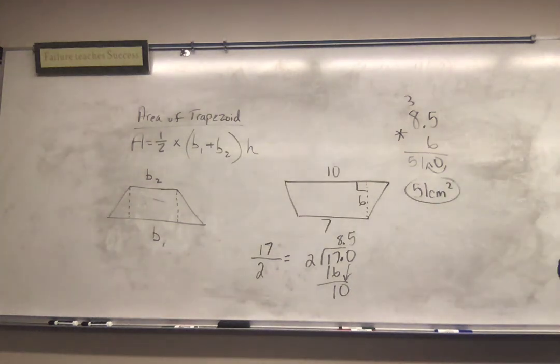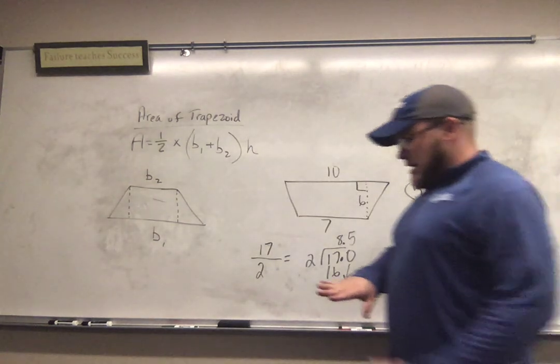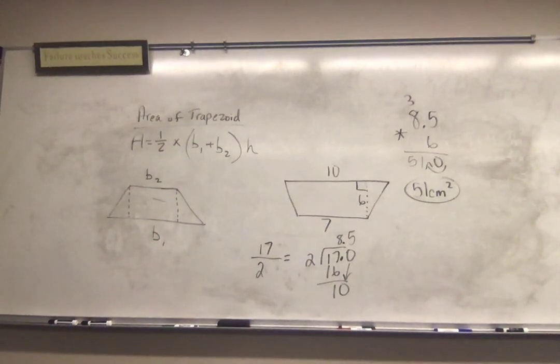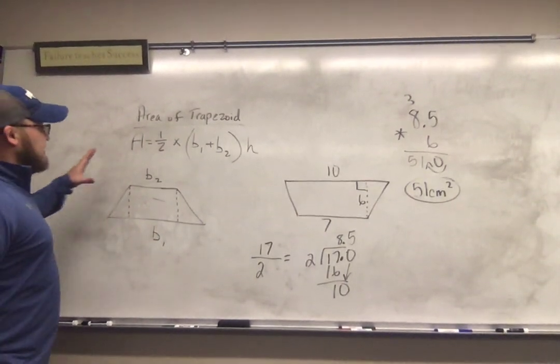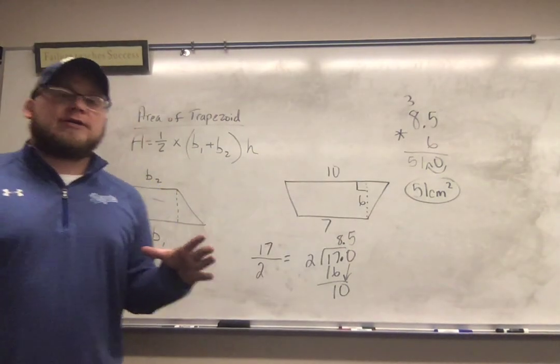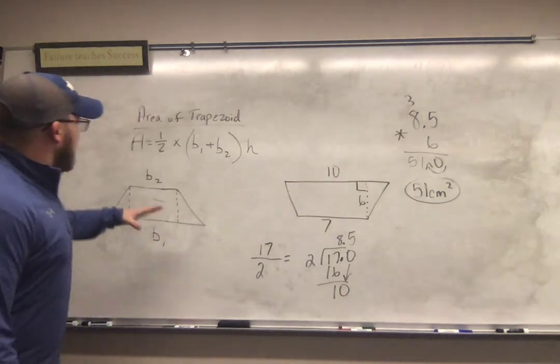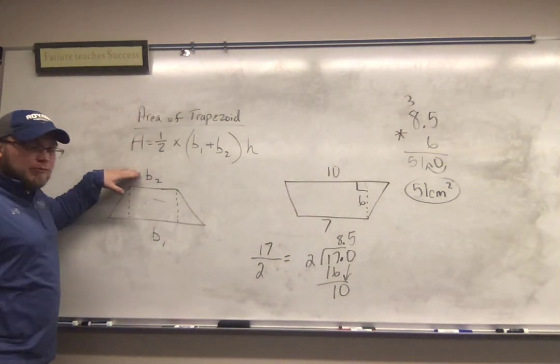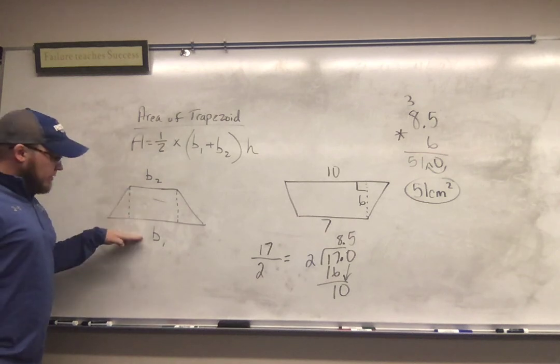So the only one that's really going to be kind of new again is the trapezoid. It has a different area than the squares and the rectangles and the triangles. It has its own formula. As you can see, one more time, add the bases. This could be base 1. This could be base 2.